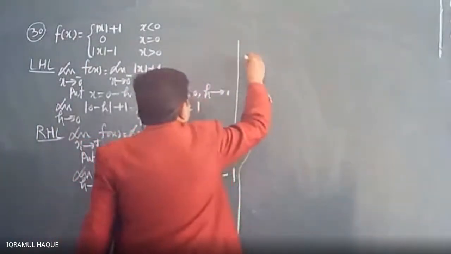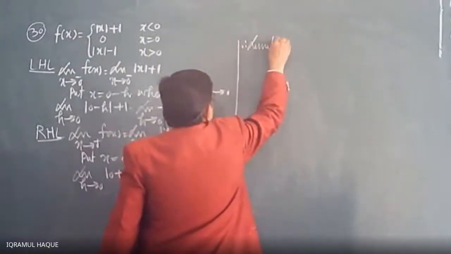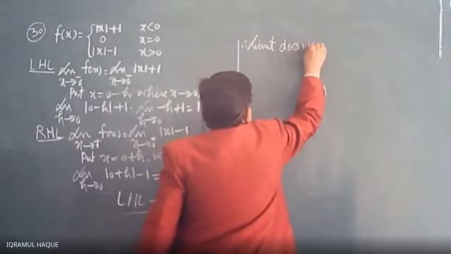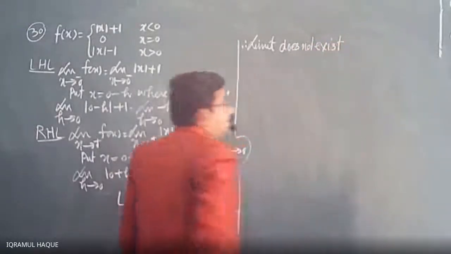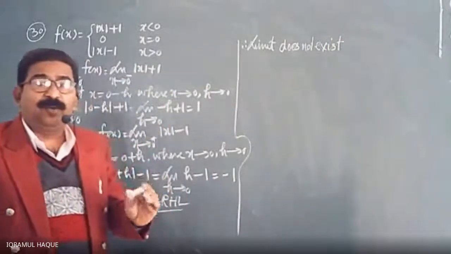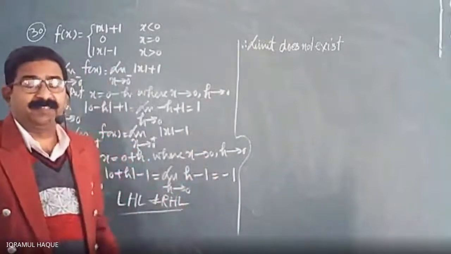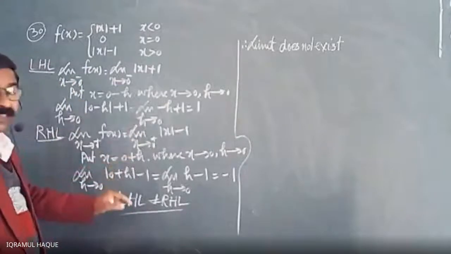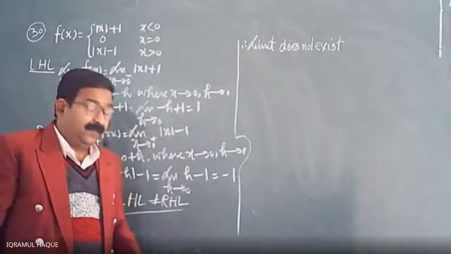Therefore, the limit does not exist. In the question, we are asked for what values of a this limit exists. At 0 it does not exist, which means at all other values it will exist.